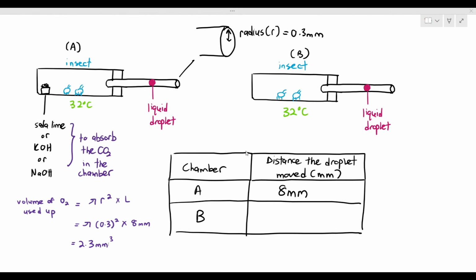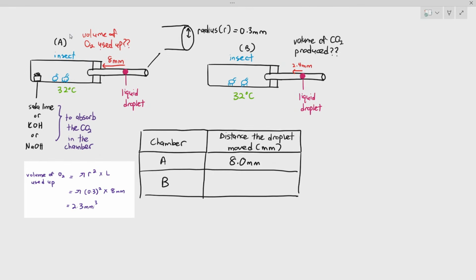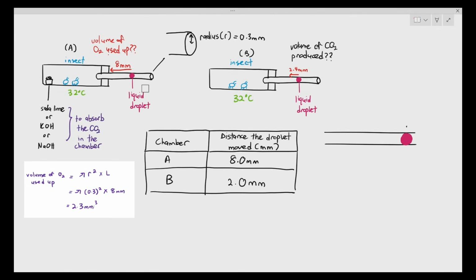In the second experiment, without soda lime or potassium hydroxide or sodium hydroxide, the liquid droplet did move to the left, but it only moved a total of, let's say, 2 millimeters. So why did it move a total of 2 millimeters? Because the one on the left moved 8 millimeters, the one on the right only moved 2 millimeters.